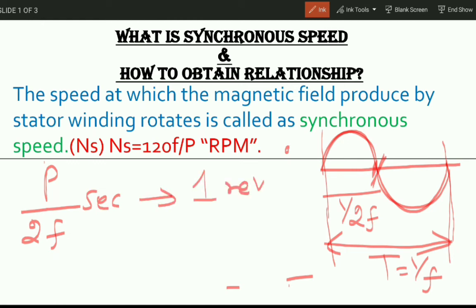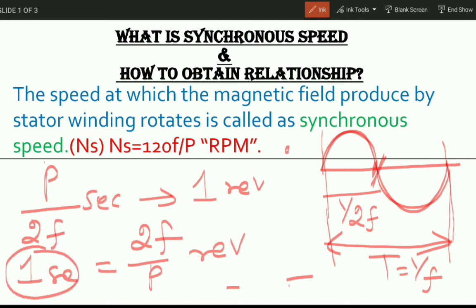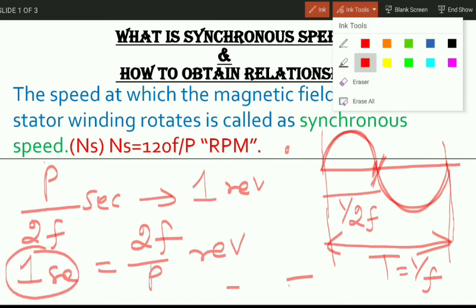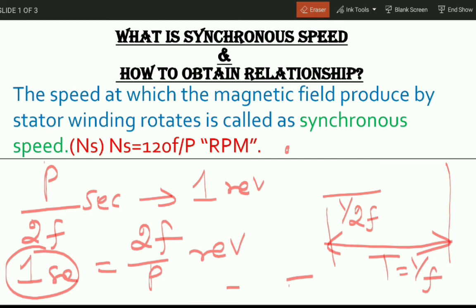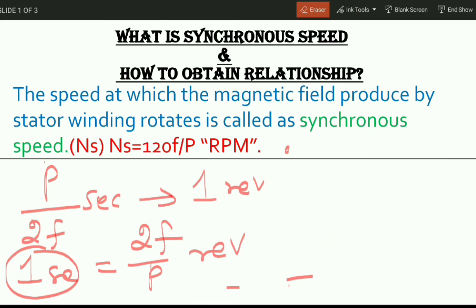In 1 second, how many revolutions can we have? It is the opposite, that is 2f by P revolutions. So for 1 second we have 2f by P revolutions. Let us calculate for 1 minute. 1 minute has 60 seconds, so we multiply by 60.